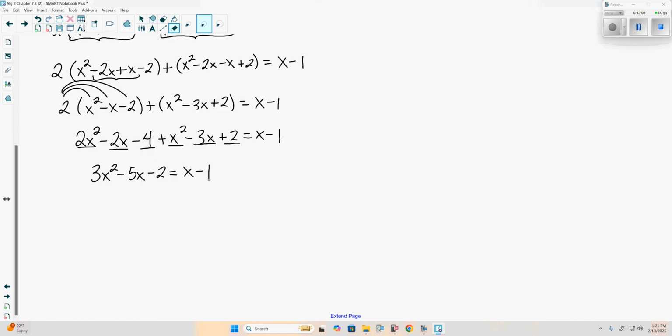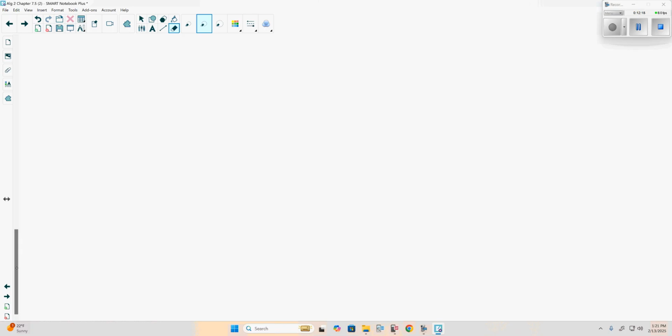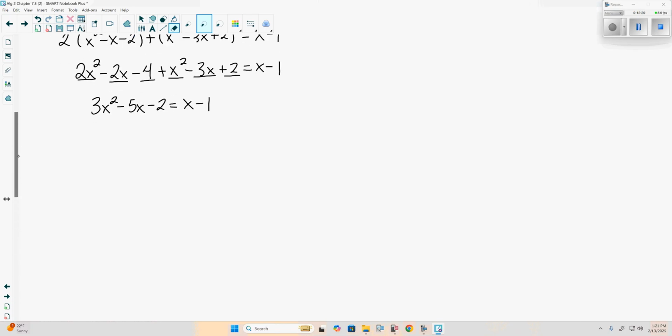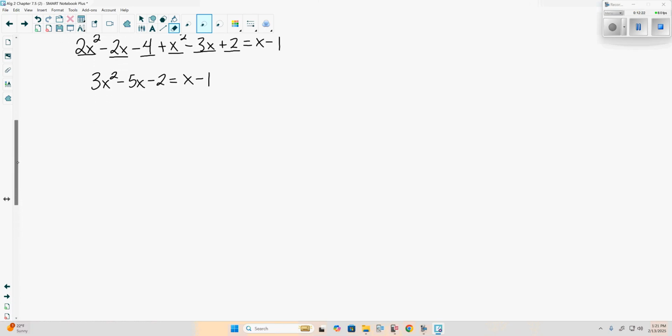So we multiplied those parentheses out, simplified down on that side, combined like terms. Now, since we still have an x squared term here, we do need to get this equation equal to 0. So what can we do first?